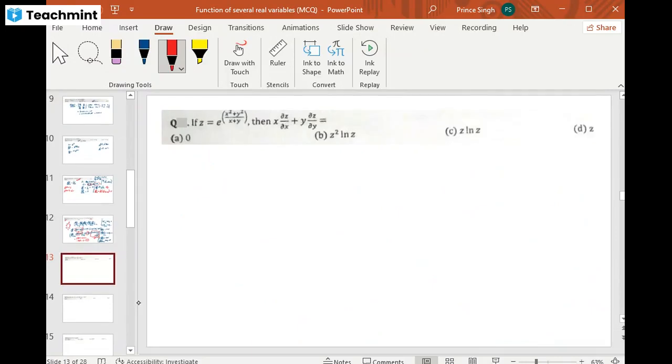Okay, let us consider the next question. If z equal to, this is again a composition of the function and we are expecting the value of this part.